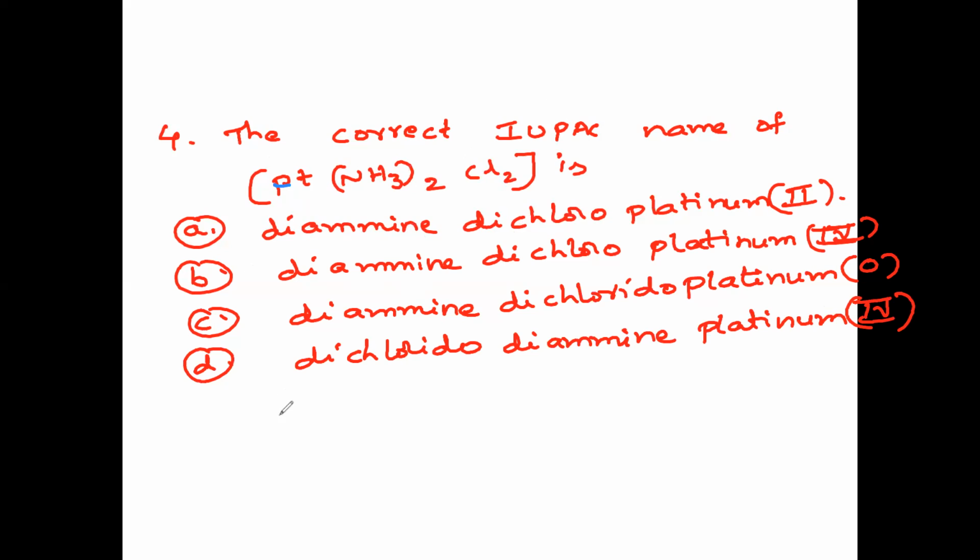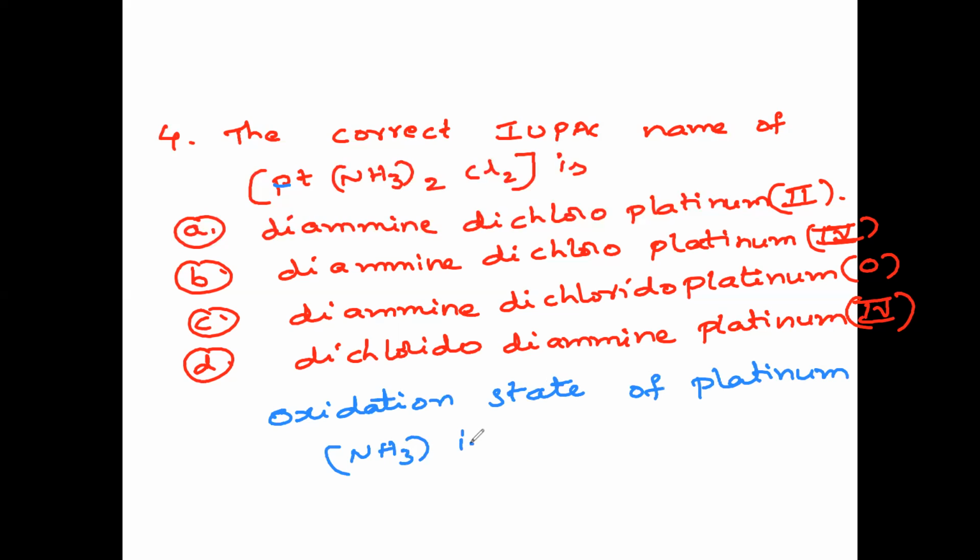The hint is that the oxidation state of the metal is important. Anyway, it is a cationic complex, so the oxidation state of the metal is important here. So how to calculate the oxidation state of platinum? Since ammonia is a neutral ligand, we will not consider it.